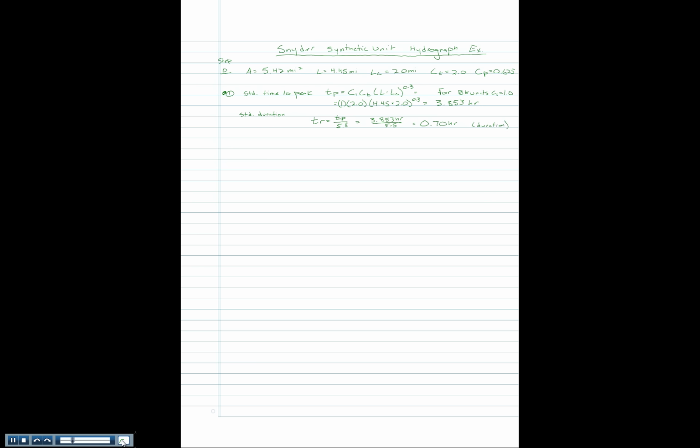In this example, what we want to do is find out what the unit hydrograph looks like for a desired duration of 30 minutes. So essentially what we're saying is, what if it was a storm that lasted 30 minutes? So we're going to have to go through a transformation procedure. The typical duration and time to peak is what we've just calculated, and so we'll transform that into a time to peak for a desired duration, and that's step 2.